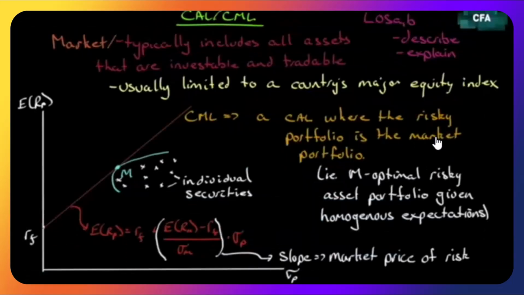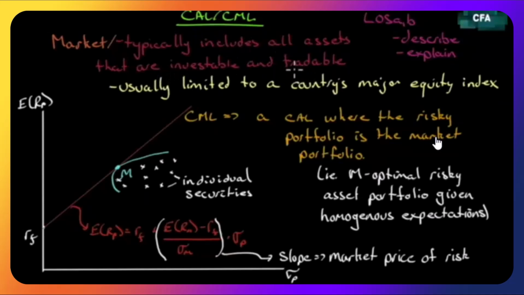So we have used the term market portfolio quite a bit without actually being specific about what we mean by the market portfolio. If we are going to talk about the optimal risky portfolio, it really depends on our definition of what the market is. So let's define it. Typically, we would say the market includes all assets that are investable and tradable.